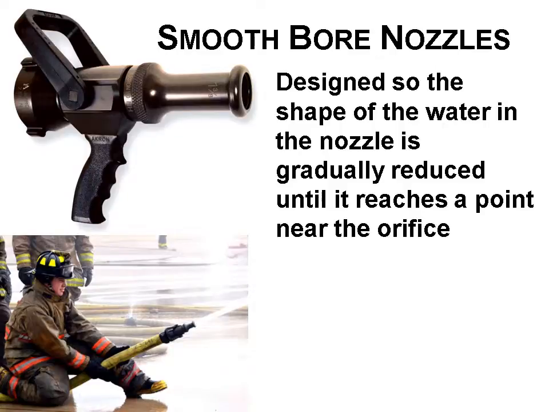Smoothbore nozzles are designed so that the shape of the water in the nozzle is gradually reduced until it reaches a point near the orifice. At this point, the nozzle is a smooth cylinder with a length 1 to 1.5 times its inside diameter. You can change these tips, and they vary depending on your department's application.